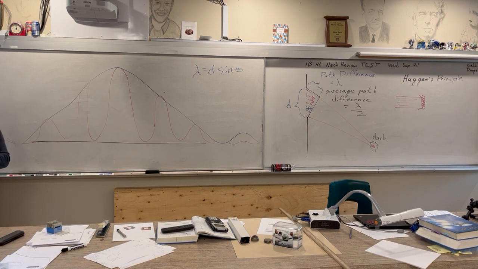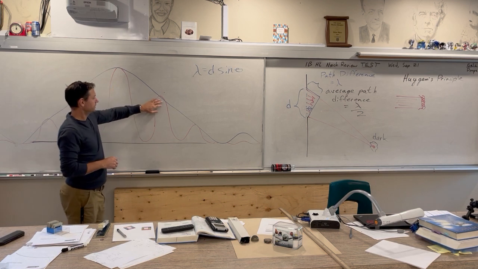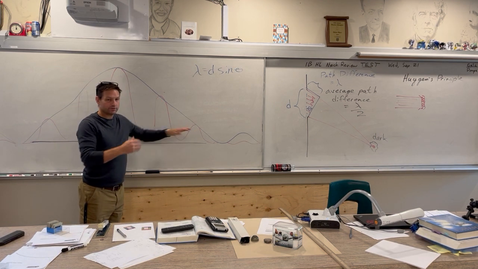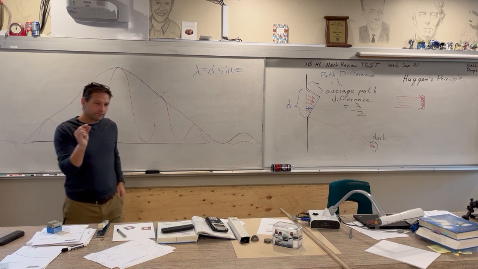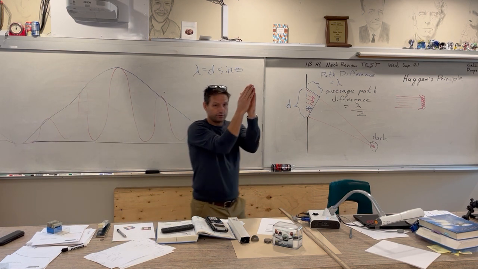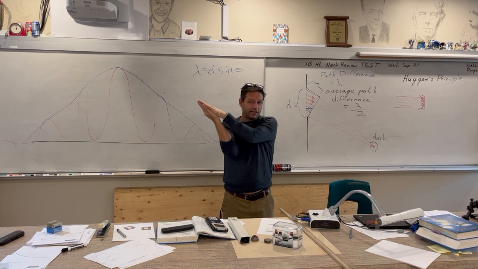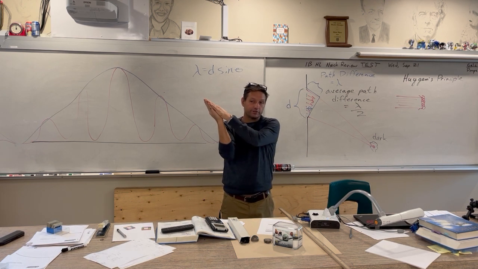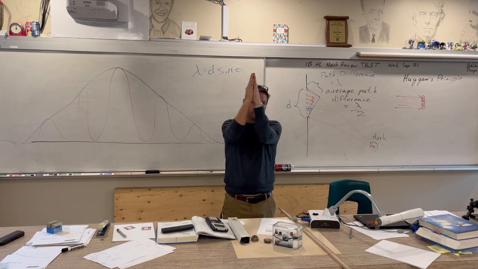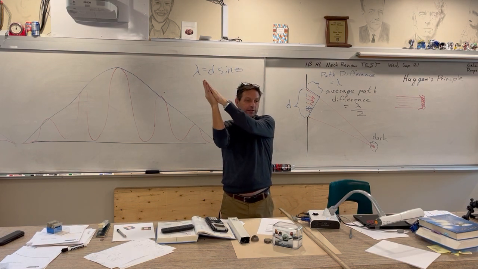So that's something you need to understand and need to be able to explain: why are these points less bright as you go further out? And it's because each individual slit, as you move that theta, is getting less and less bright because your path difference is going from the same to closer and closer to lambda.